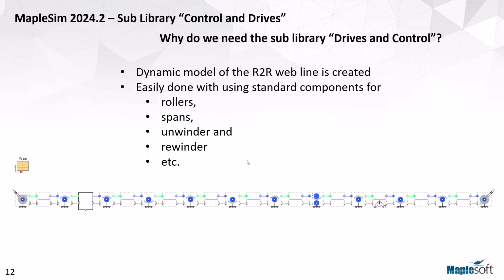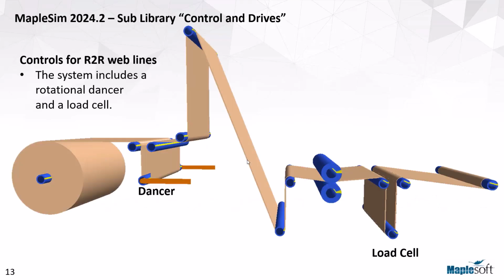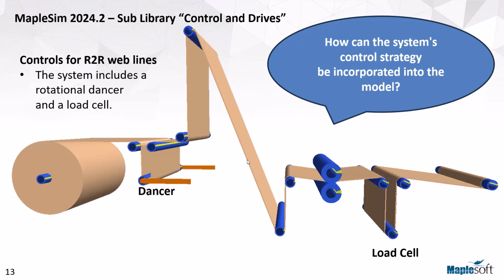And then there is always the question, how can the model be controlled? How can the simulation be stimulated? For example, you can see the 3D picture of the same model. And the question is, how can we insert the control strategy for the simulation?